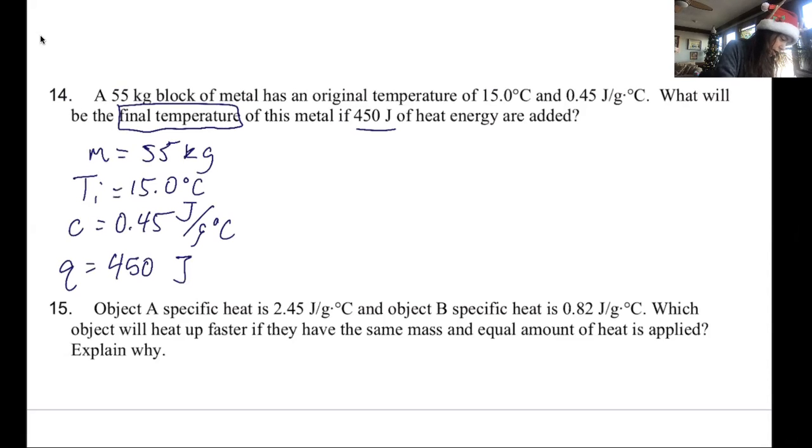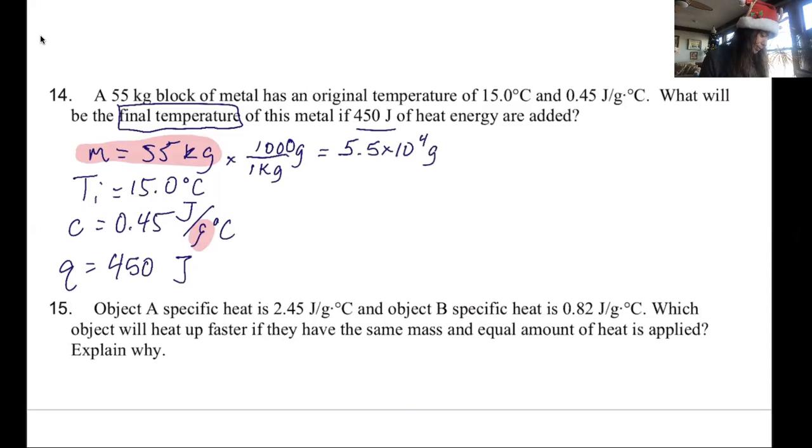The first one is your mass. We cannot have a unit in kilograms to utilize our specific heat equation because look down here, our specific heat has grams. So we must first convert our kilograms to grams before doing anything, and that will give us 5.5 times 10 to the 4th grams.